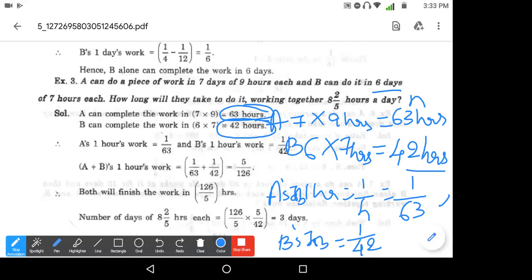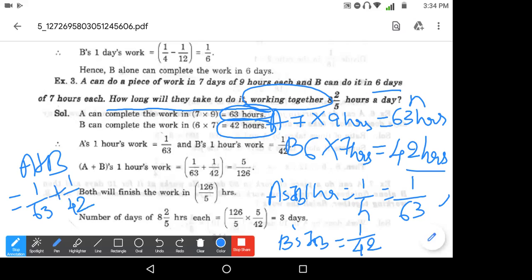Now let us see the question. How long will they take to do it working together? Working together means A plus B. So 1 by 63 plus 1 by 42. If you take the LCM and calculate, you will get 5 by 126.